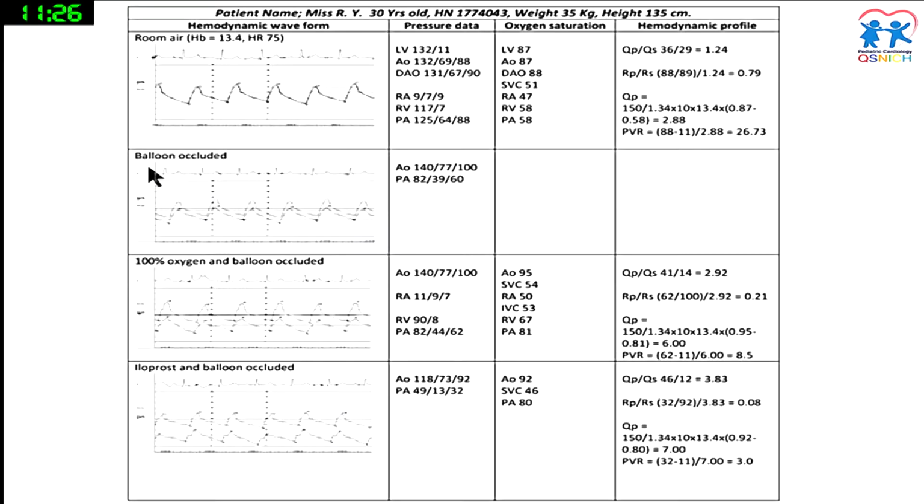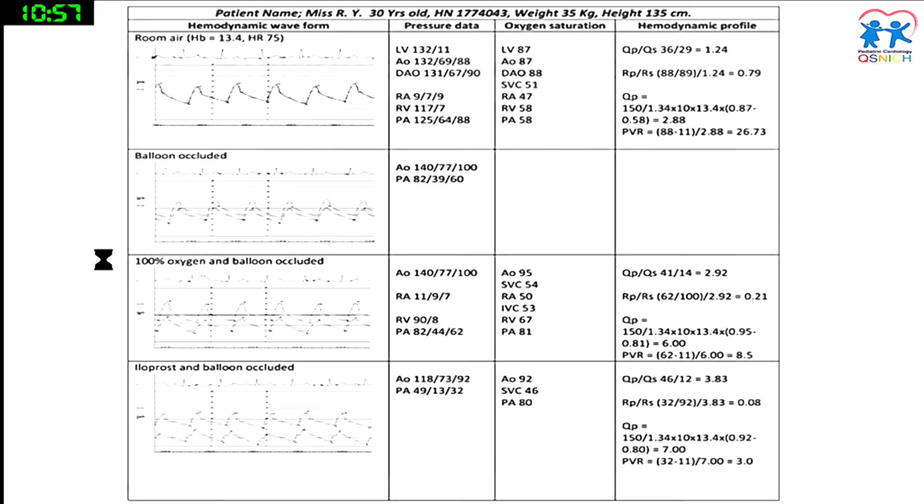After you occlude the balloon, the pulmonary artery pressure gets lower. After giving oxygen and also iloprost, the PA pressure decreases dramatically. This shows that the pulmonary vascular resistance is not really irreversible. So in this case, you need to discuss what to do, as Dr. Bharat Dawi mentioned yesterday, that this is quite challenging.